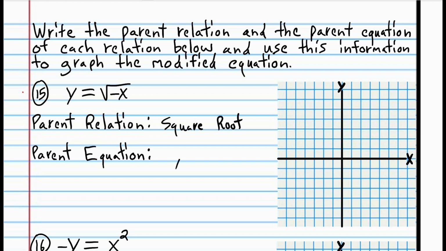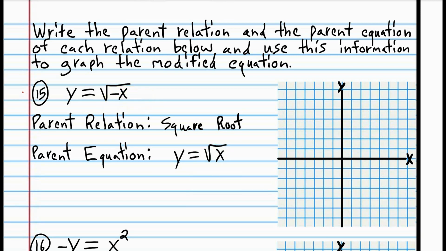And the parent equation is y equals square root of x. That's on your library of relations. We're using the same library of relations to explain all this. So the only difference from our parent equation and our modified equation is that instead of x, we have negative x.